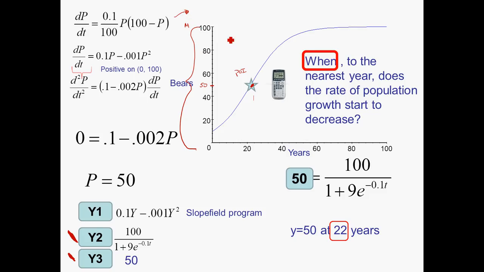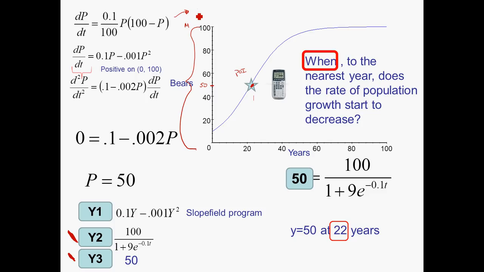The maximum of this first derivative, where the second derivative is 0, will always be at half the carrying capacity.